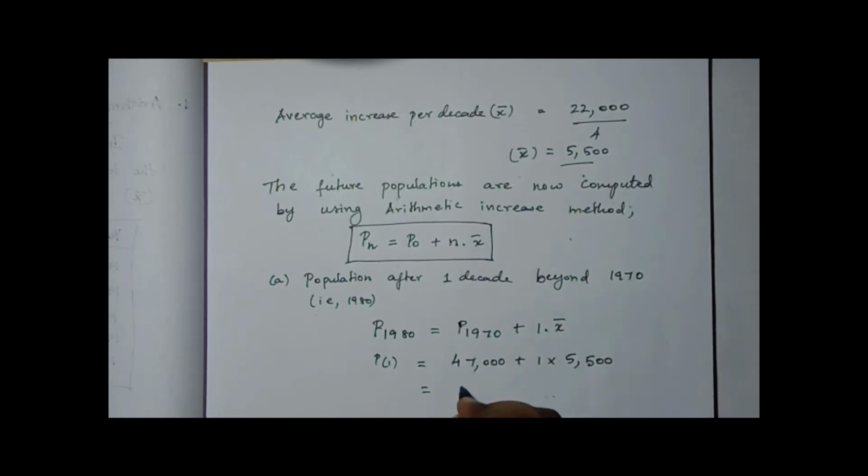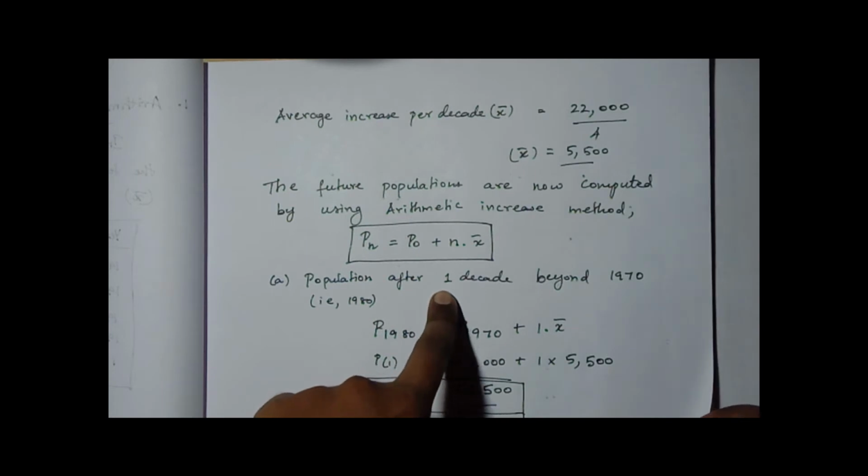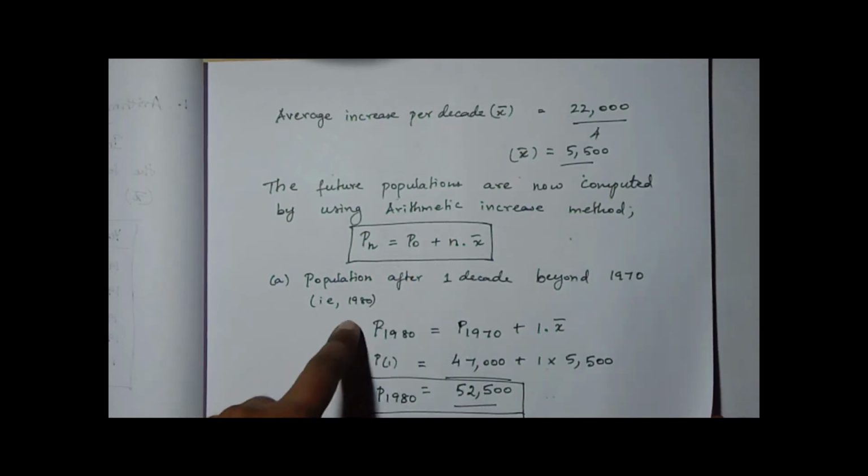When we sum it up, we get 52,500. So this will be the population in the year 1980. Similarly, we need to find for the second decade, which is 1990, and the third decade, which is 2000. Let us find it.